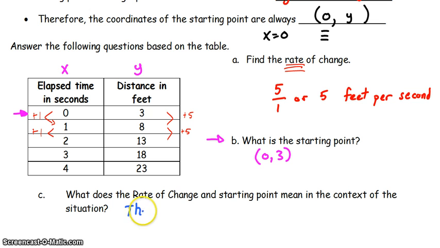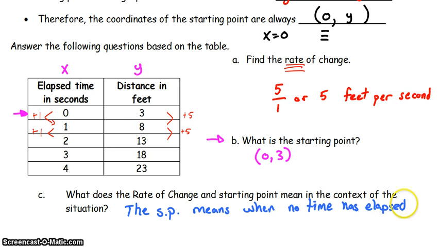So we'd say the starting point, and we can abbreviate that SP, means when no time has elapsed, the 3 represents feet, we are 3 feet from the motion detector. So we're assuming this is another one of the skateboarding problems.